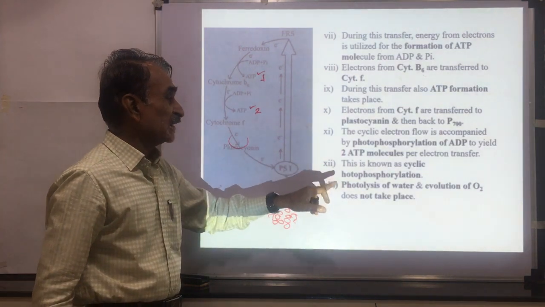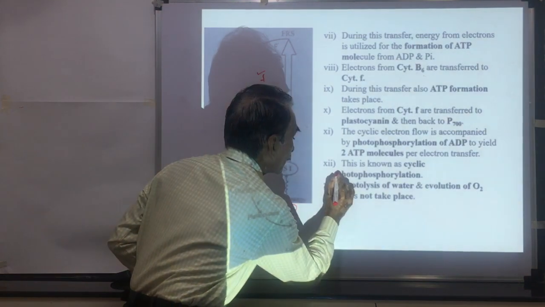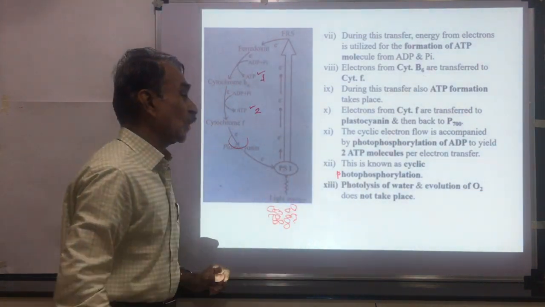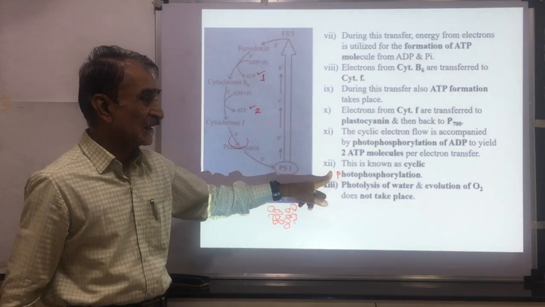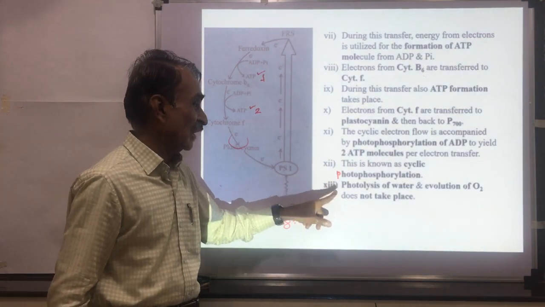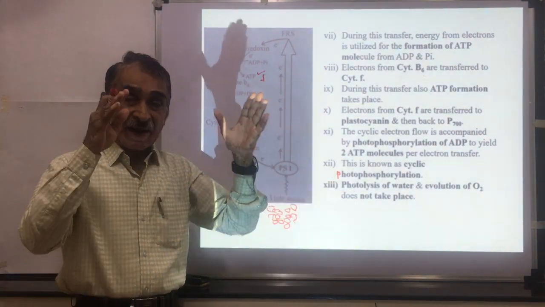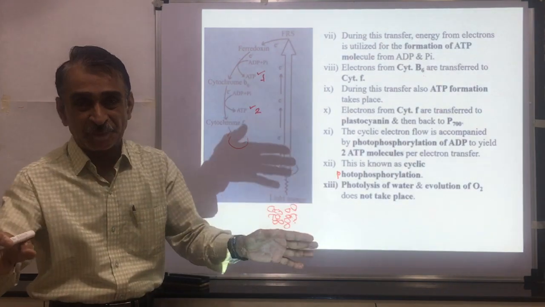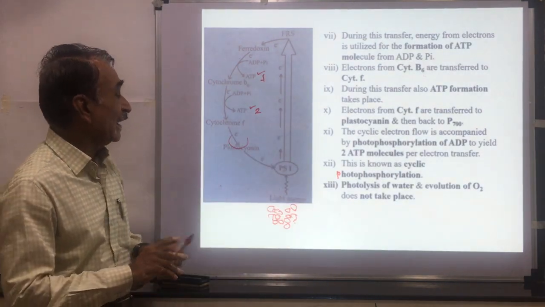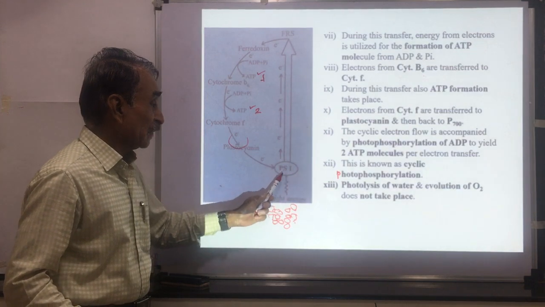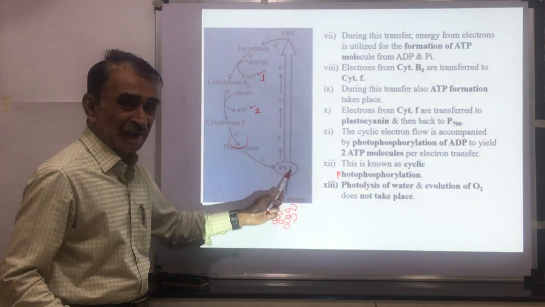This is known as cyclic photophosphorylation. Photolysis of water and evolution of oxygen does not take place in cyclic photophosphorylation. Here in photosystem first, P700 is the reaction center.